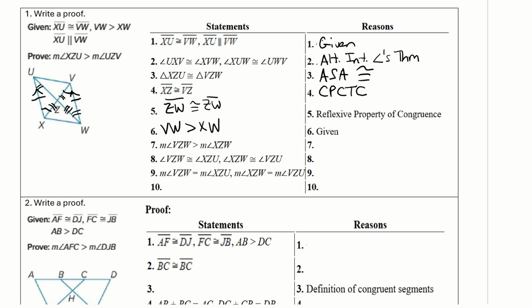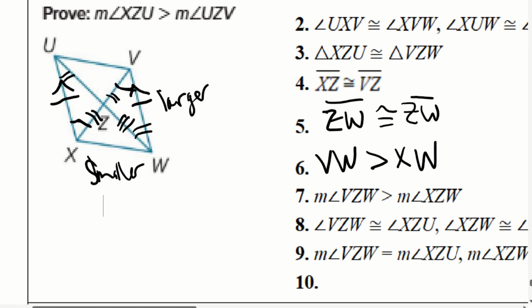And now we know that this side is larger than this side, because they told us so. And therefore, this angle right here has to be bigger than this angle right here, okay?